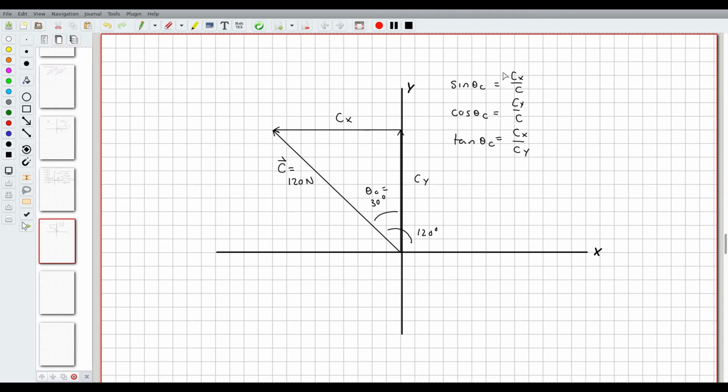If you use your sine and your cosine here and you do some simple algebra, Cx is going to be equal to C sine theta sub C. Cy is going to be C cosine theta sub C. So if I plug the numbers in here, oh, I was going for 15.